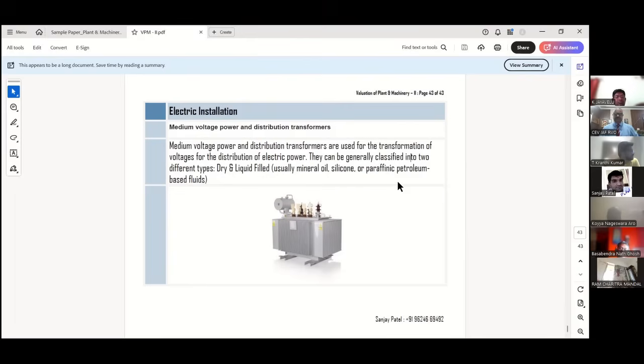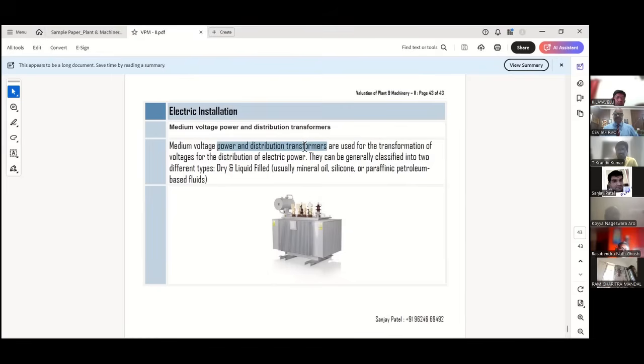Again, it will be classified as step up transformer, step down transformer. Okay. Again, based on the cooling, it may be classified as dry type or oil type transformer. Again, based on the winding or armature ratings, it will be classified. Okay. But primarily power transformer and distribution transformer.